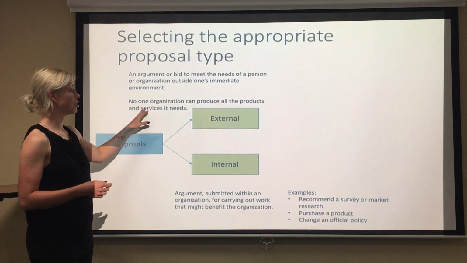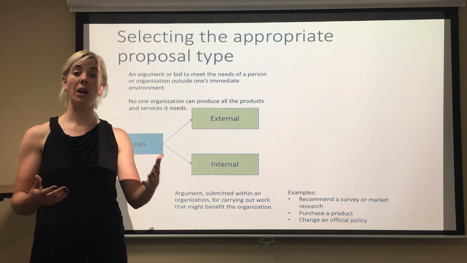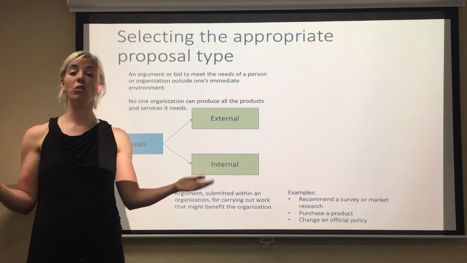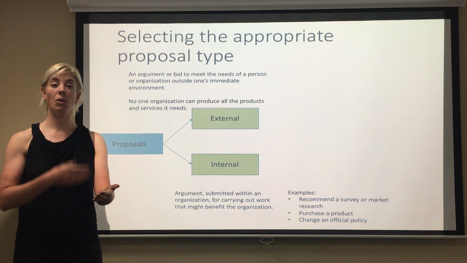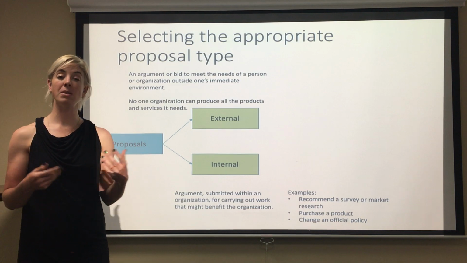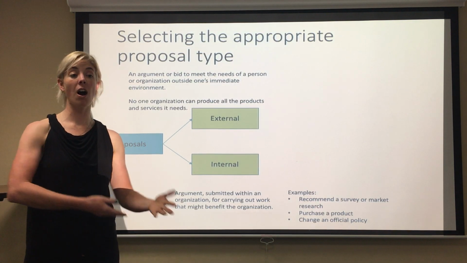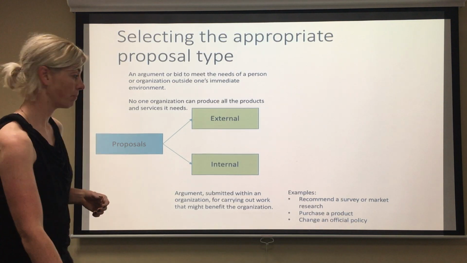So sometimes organizations will go out and actually ask for help. They'll say, hey, we need 200 new computers for our workforce. And they'll present that need to a variety of different companies and then select which one submits the best proposal for lowest cost, highest function, newest models, etc.